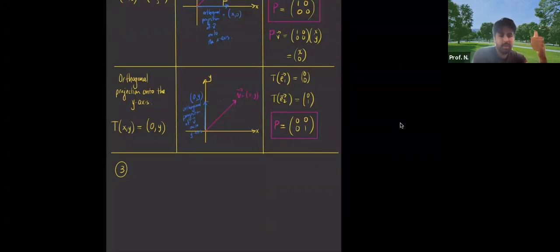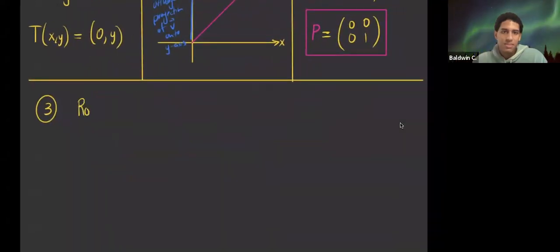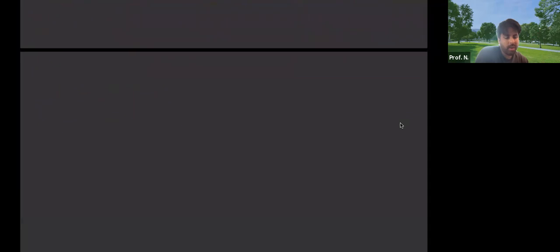But there's reflections, there's projections, and there's one more. It starts with an R as well, one kind of transformation that appears a lot in geometry. Alexa, that's right. Rotation. Rotation operators. And of course, these operators are in R2.